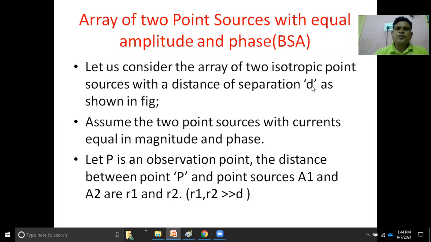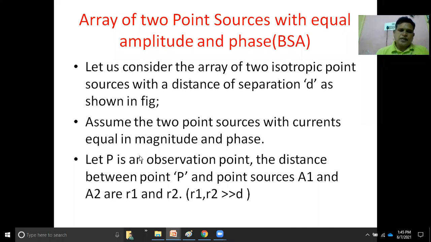This d may be lambda by 2, lambda, 2 lambda, different separations we can assume. Later we'll see the different types of patterns. We assume two isotropic point sources fed with equal magnitude current and the same phase.